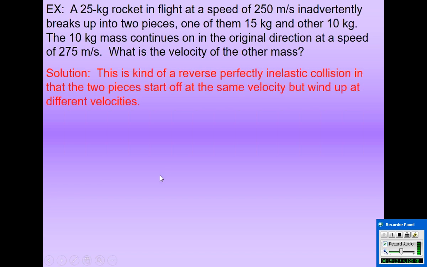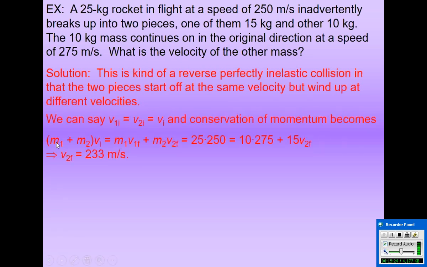It's just that the initial velocities are the same, and it's the final velocities that are different. So we'll say V1 initial equals V2 initial equals V initial, and therefore M1 plus M2 times V initial equals M1 V1 final plus M2 V2 final.